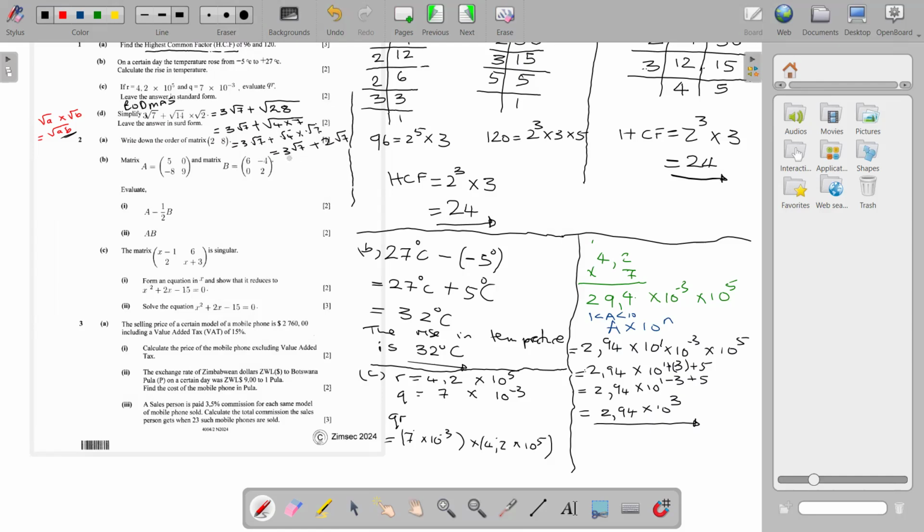Then we now have like terms because the roots are the same, root 7, root 7. So 3 root 7 plus 2 root 7. The final answer becomes 5 root 7.